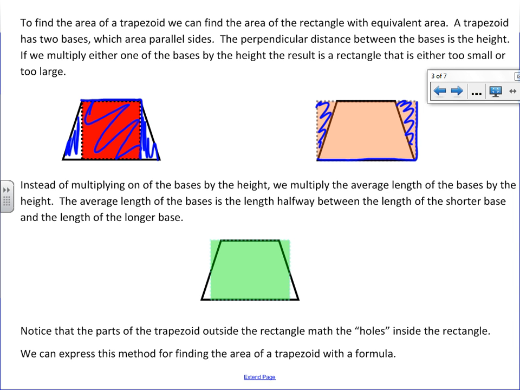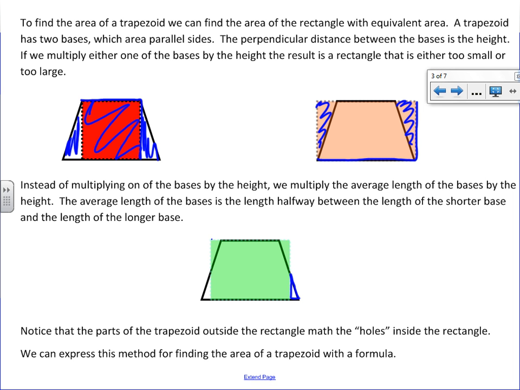The average length of the bases is the length halfway between the length of the shorter base and the length of the longer base. So it's somewhere right in the middle. If I took this little portion, pulled it out to the side and rotated it around, it would be the same as this portion here.